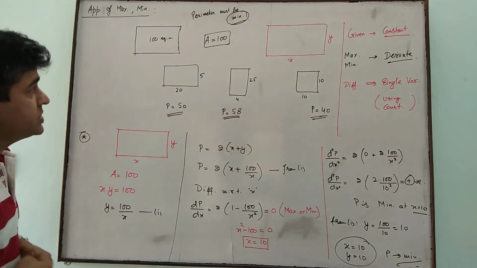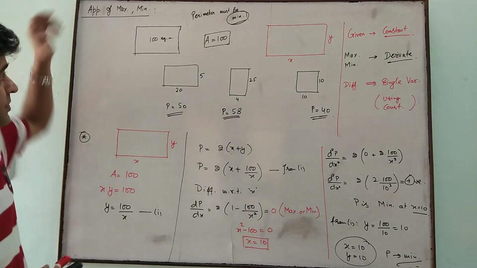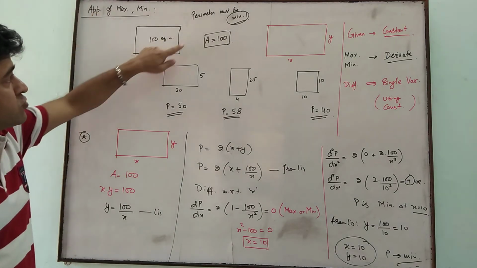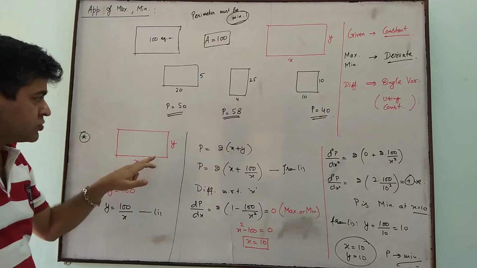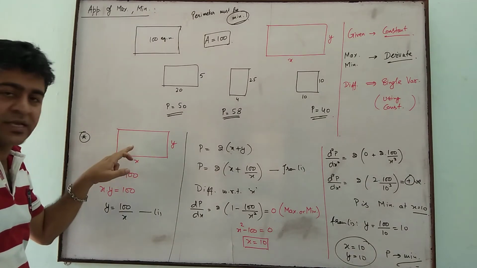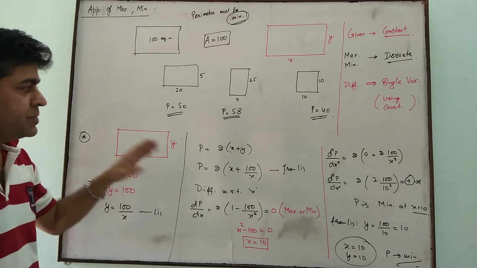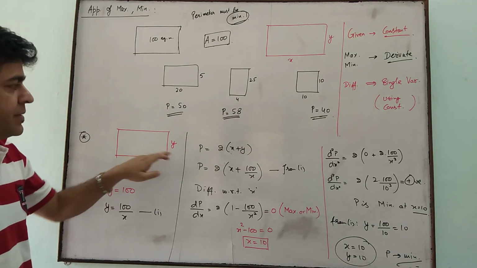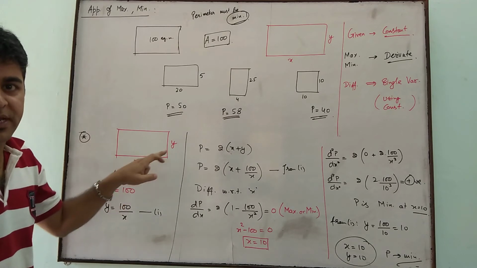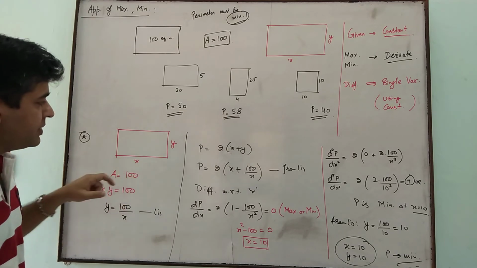So what was your question? Question was that a 100 square meter field is required. Area is 100. Perimeter for the field must be minimum. So for what dimensions, for what length and breadth, can it be minimum?